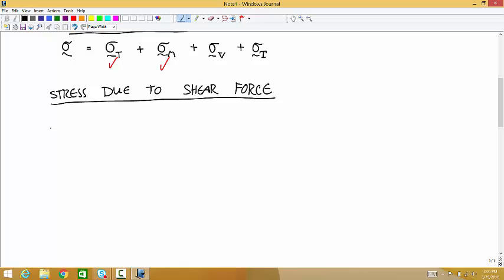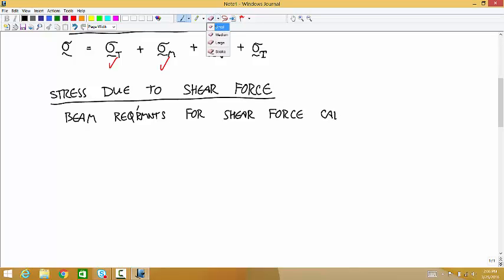Okay, so now we're gonna start shear force doing that too. So beam requirements for shear force calculations. Well, sorry, let me make that more clear. For calculating the stress due to shear force.